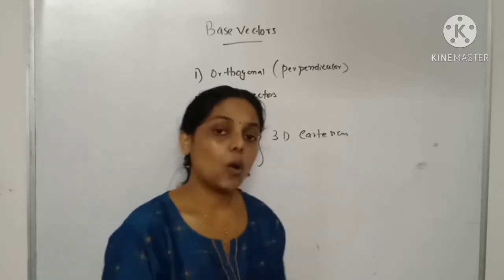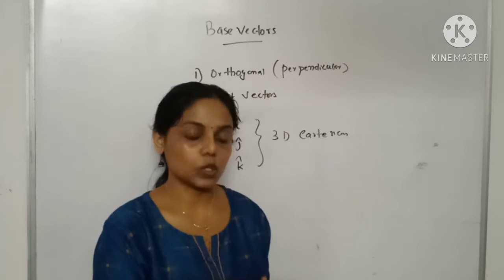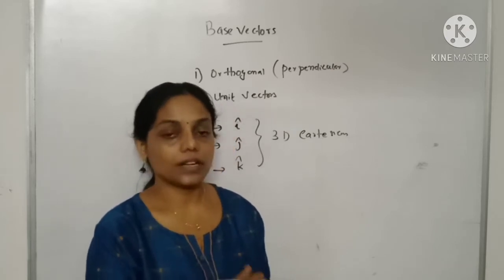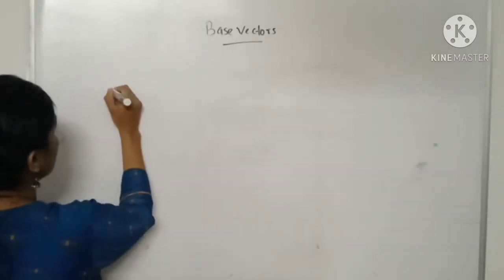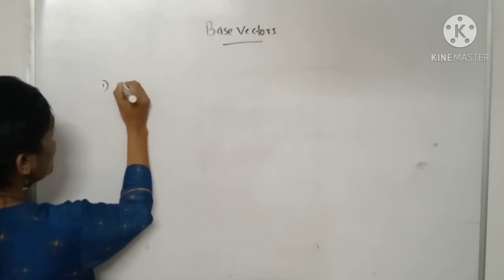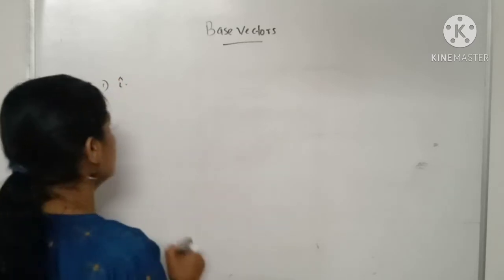Let us check what the properties of these base vectors or these orthogonal unit vectors are. Let us find the dot product between base vectors.